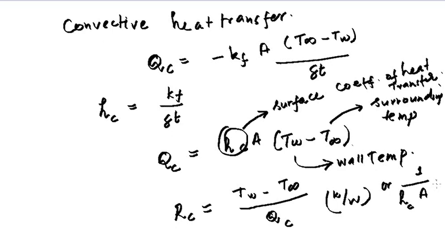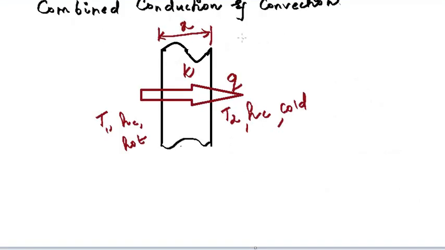Now we will look into what is meant by combined conduction and convection and how the formula comes for it. In case of combined conduction and convection, the heat flows through a medium and comes out.